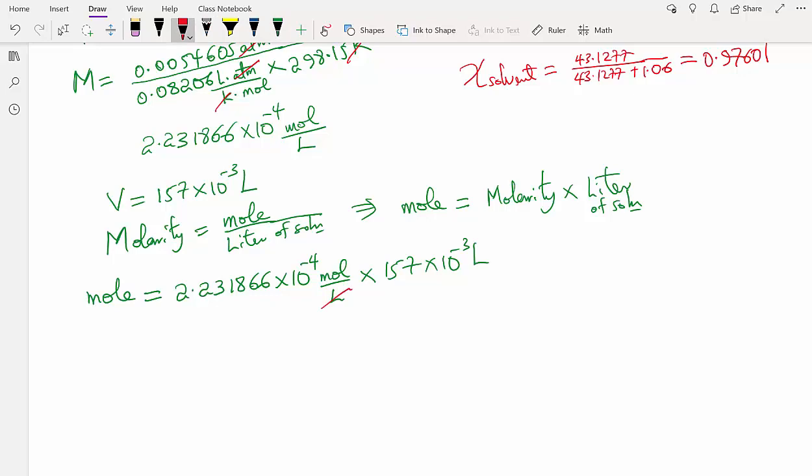The liters will cancel out, which gives us the unit of moles as we want. And if you put these numbers into your calculator, you should get 3.5043 times 10 to negative 5 mole. Now we know the mole.